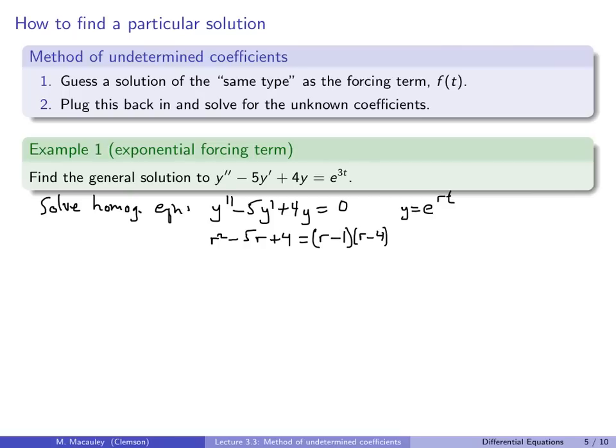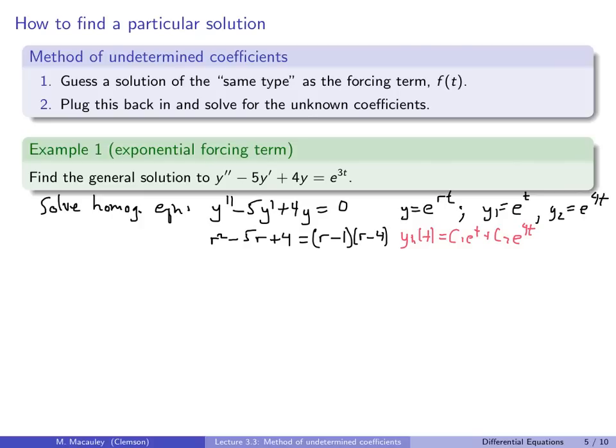So your solutions are going to be y1 equals e to the t, and y2 equals e to the 4t. So our homogeneous solution is c1 e to the t plus c2 e to the 4t.